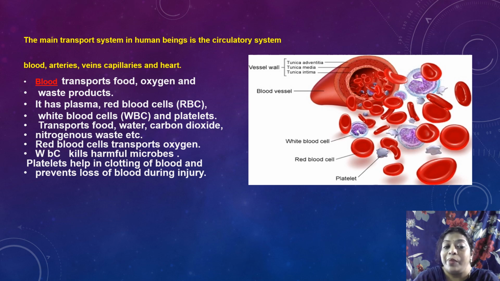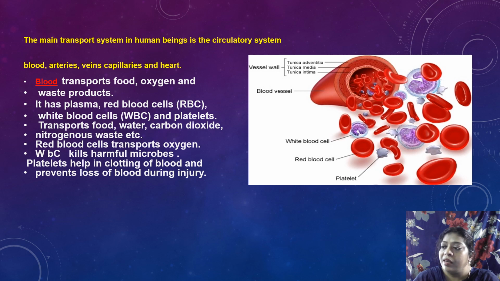The next one will be the platelets. The platelets help in the clotting of the blood, and they also prevent the loss of blood during an injury. Not a lot of blood comes out unless a person is experiencing a very bad injury.